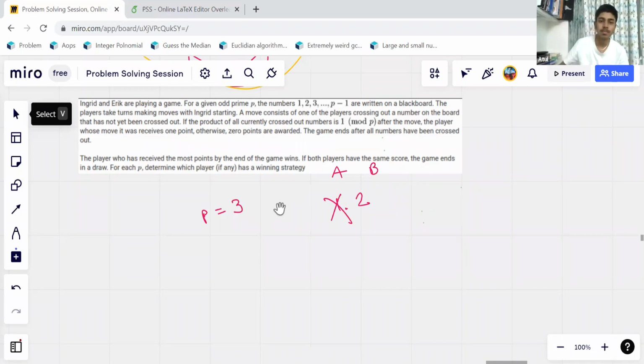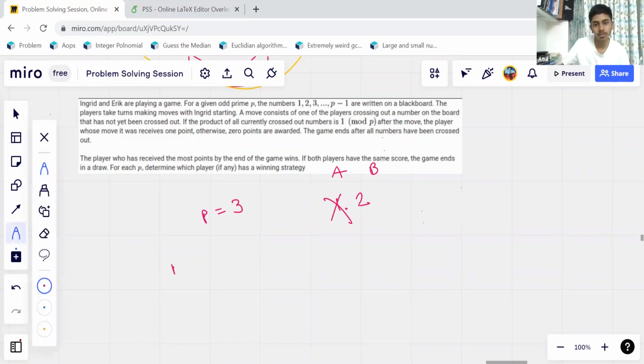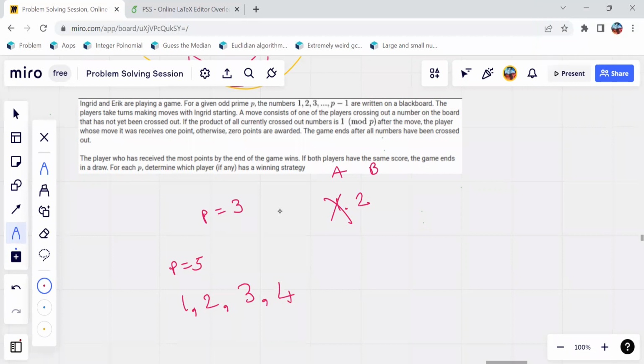Maybe take the P equals 5 case. Wait, I think the second player wins. Okay, like what if we pick 4? Yeah, the second player wins.